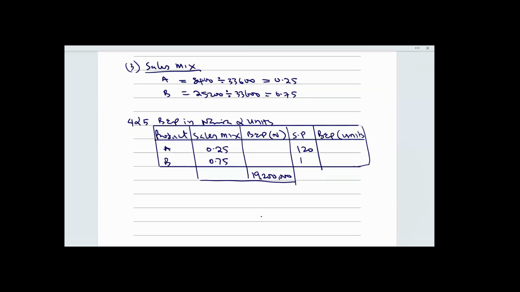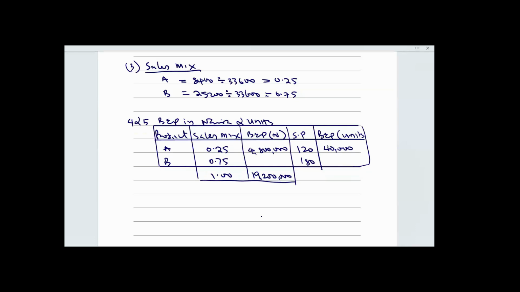Therefore, 0.25 multiplied by 19.2 million is 4,800,000, divided by 120. That is 40,000 units.